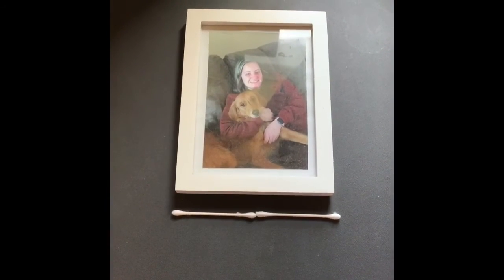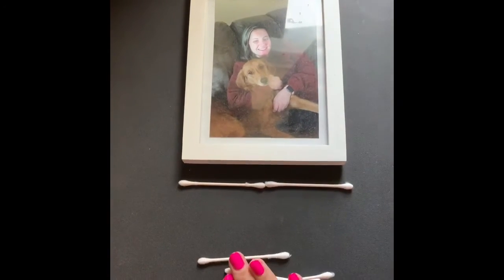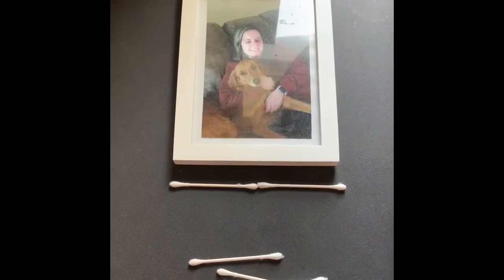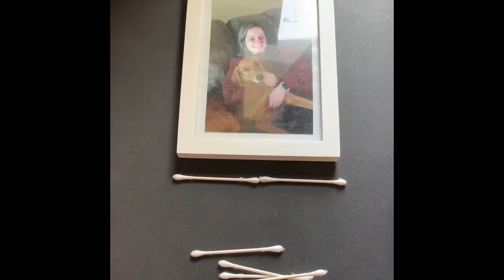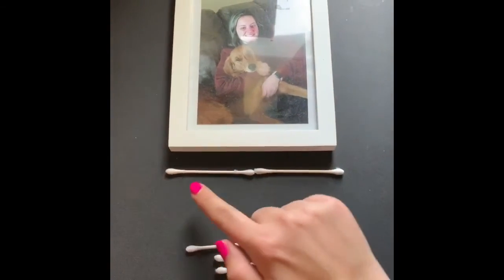This picture frame is about 2 Q-tips wide, and I'm using my non-standard units of measurement to describe how long or how wide something is, and that's what you guys are going to be doing this week. So this picture frame is 2 Q-tips wide.